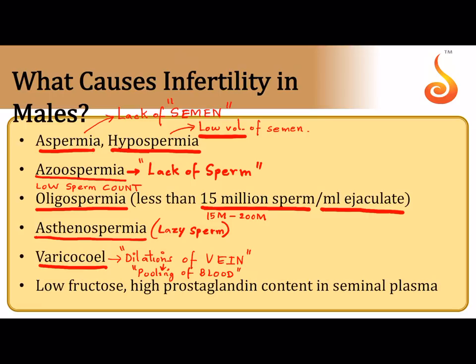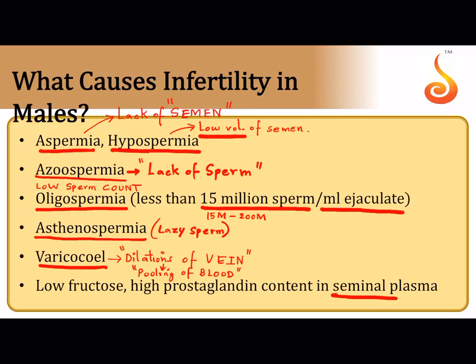So you can imagine what will happen if there is collection of blood in the veins which drain the blood out of the testis. Then the temperature inside the scrotum will increase, and if the temperature of the scrotum increases, then obviously it will result in a condition called infertility, because spermatogenesis is drastically affected.